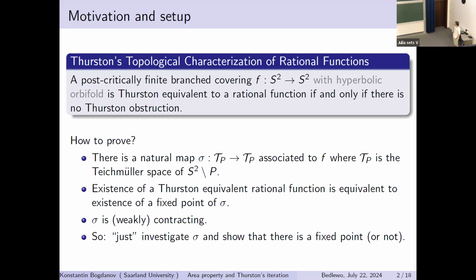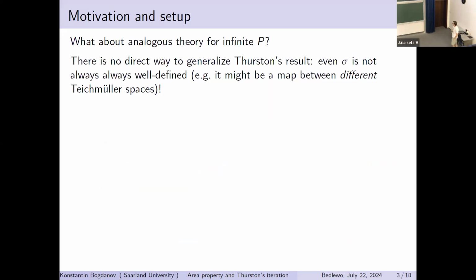So now one can ask, how can one generalize this theory to the case where P is infinite? It turns out that there is no direct way to translate the proofs to the infinite dimensional setting because things are too different.